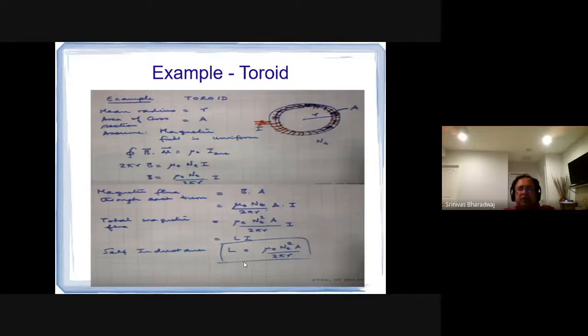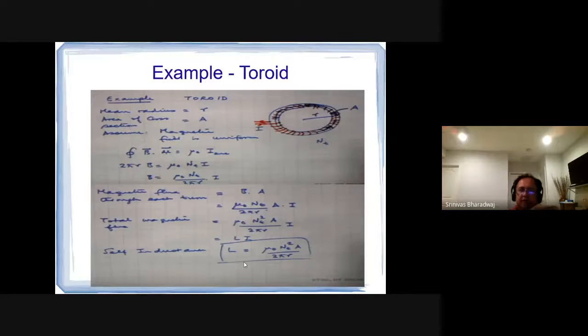Now the magnetic flux that is induced inside the toroid is B times A, and A is pi times little r. In this case, notice the two r's. The big R is for the loop itself, and the little r is the radius of the cross section.